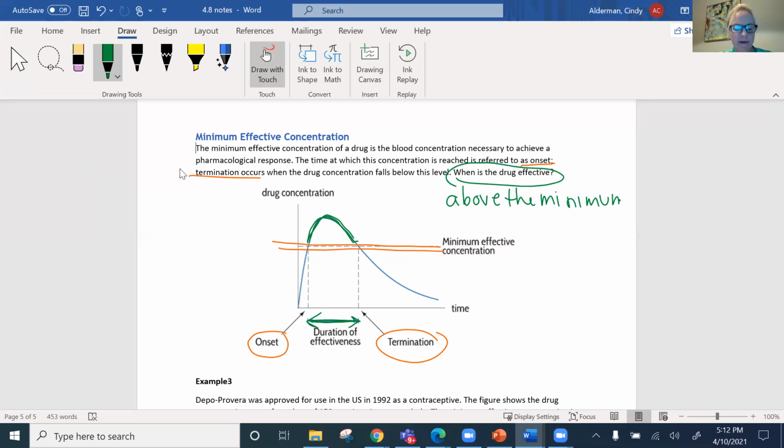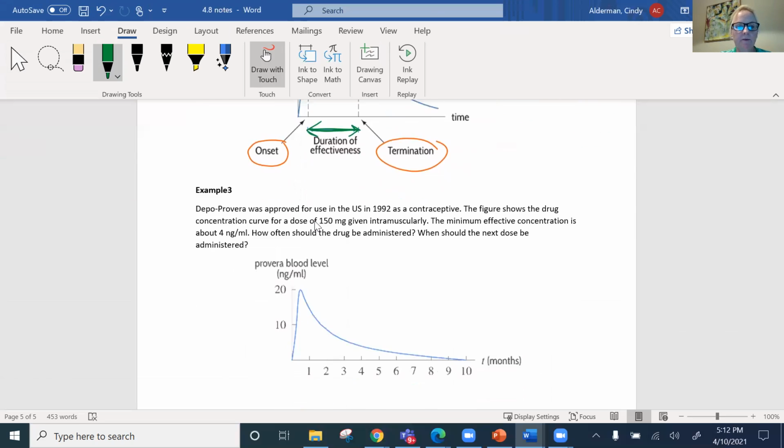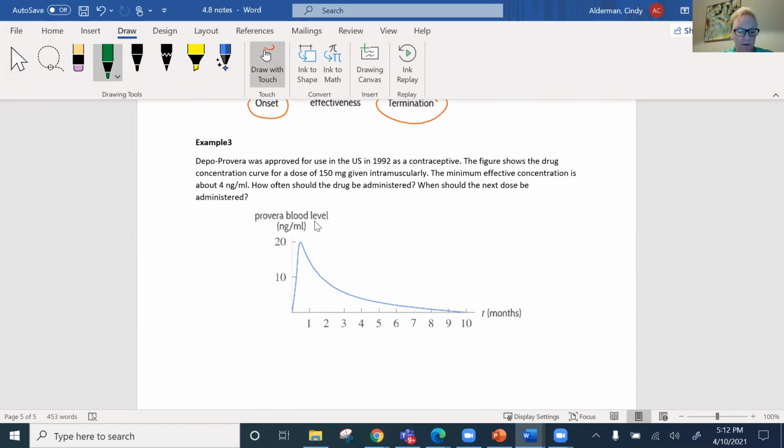Let's do an example of that. Okay, so here's an example. Depo-Provera was approved for use in the United States in 1992 as a contraceptive.